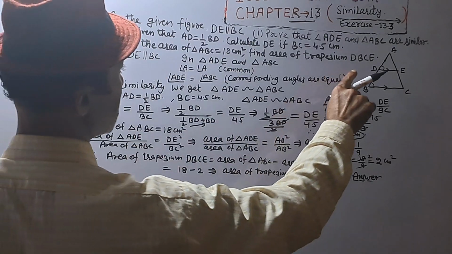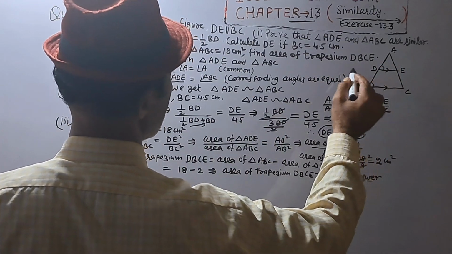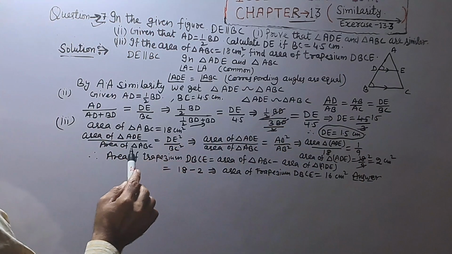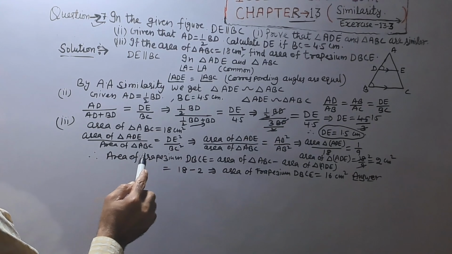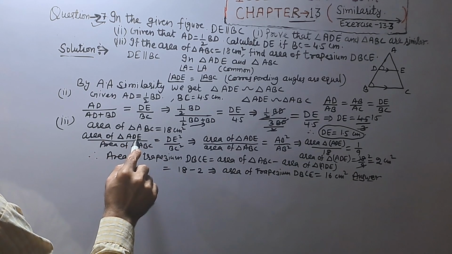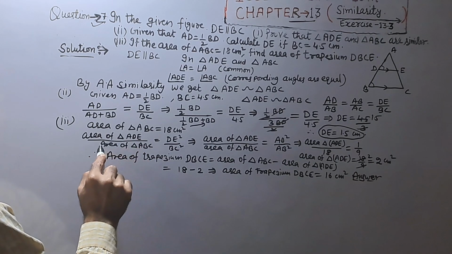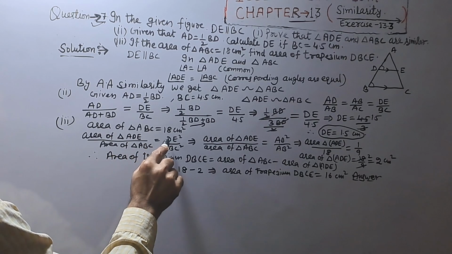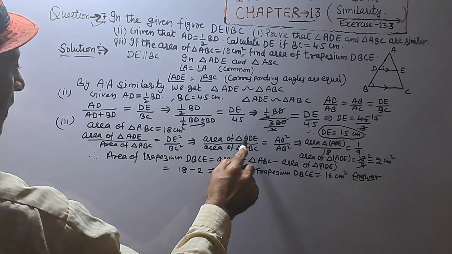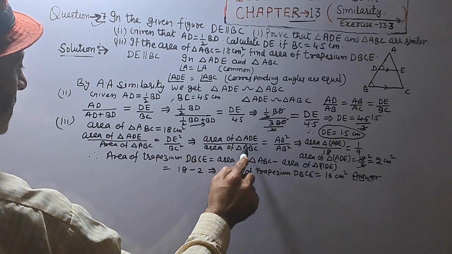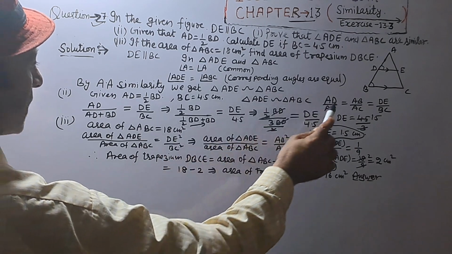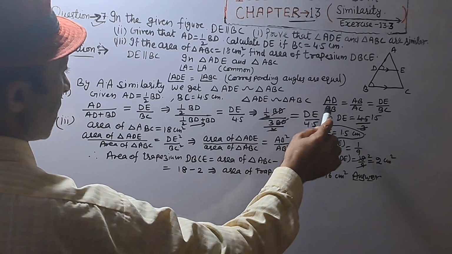And third part, area of triangle ABC given is equal to 18 centimeter square, and we find the area of trapezium DBCE. Area of triangle ADE divided by area of triangle ABC is equal to DE square upon BC square, that is also equal to AD square upon AB square.